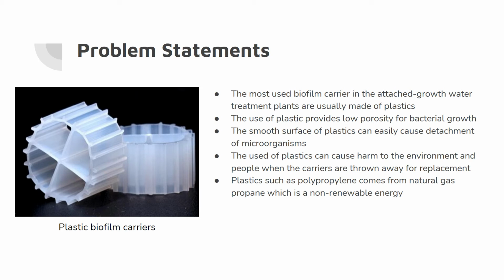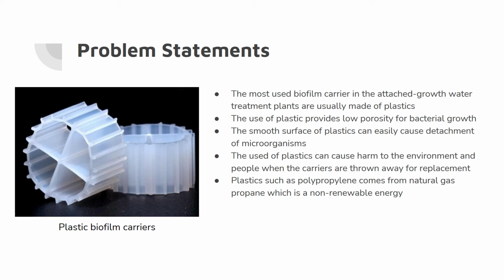So for the problem statement, the mostly used biofilm carriers in the attached growth water treatment plants are usually made of plastics such as polyethylene and polypropylene. Usually the use of plastics provides low porosity for bacterial growth and attachment, and the smooth surface of plastic can easily cause detachment of microorganisms, which can result in decreased efficiency of pollutant removal.